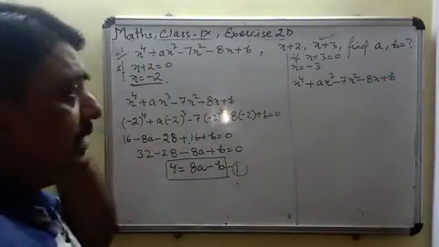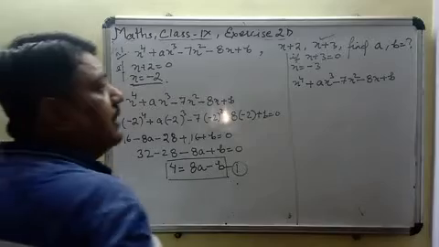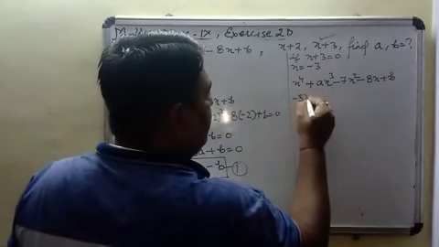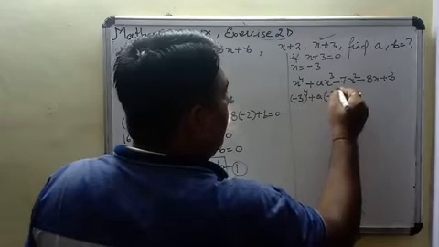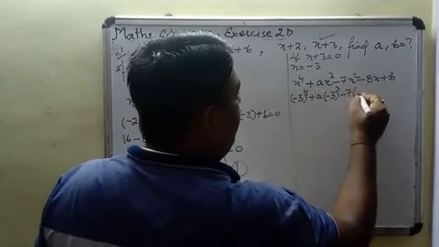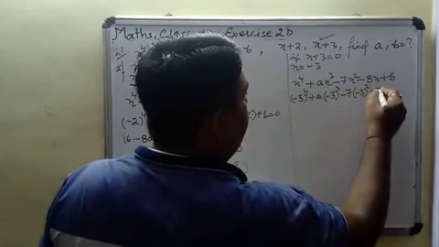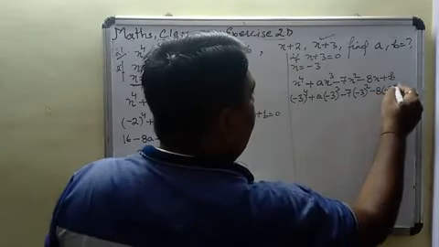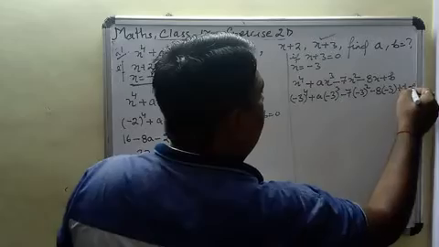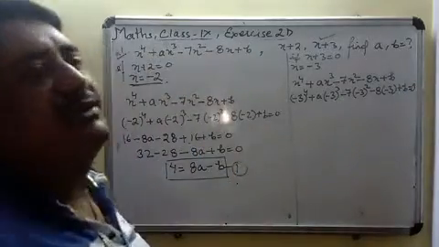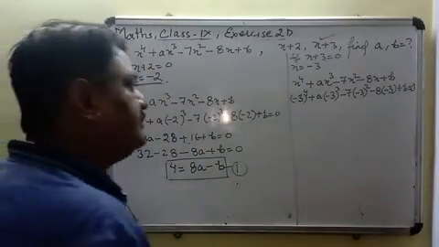So if we put the value of x equals to minus 3, it will become minus 3 power 4 plus a into minus 3 cube minus 7 into minus 3 square minus 8 into minus 3 plus b, and that is equals to 0, because x equals to minus 3 is a 0 of this polynomial.